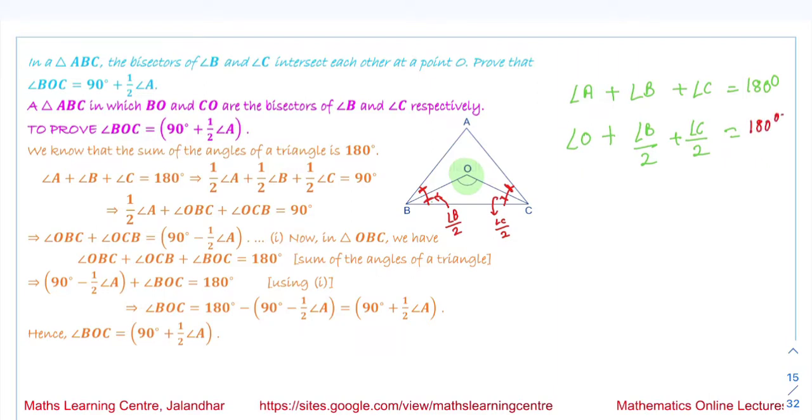What we have to calculate is the value of angle O. So angle O will be equal to 180 degrees minus angle B by 2 minus angle C by 2.